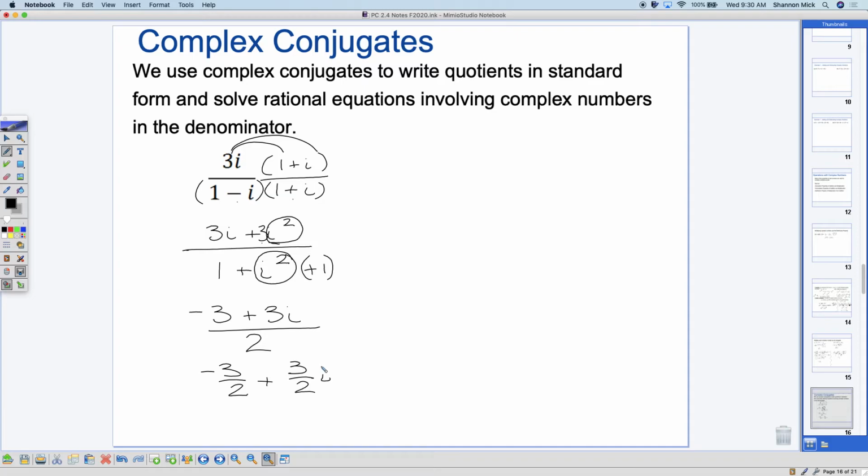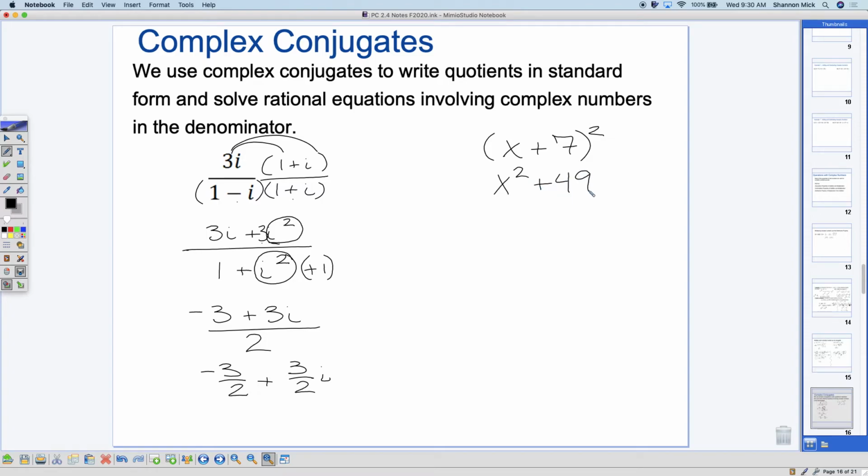Yes, question? When you're FOILing, because the middle terms will always cancel out, to make it easier, with 1 minus i and 1 plus i, could you just say 1 times 1 and then negative i times i? I don't have a problem with that, but there are people in this room that will still tell me that this is x squared plus 49, which it is not.